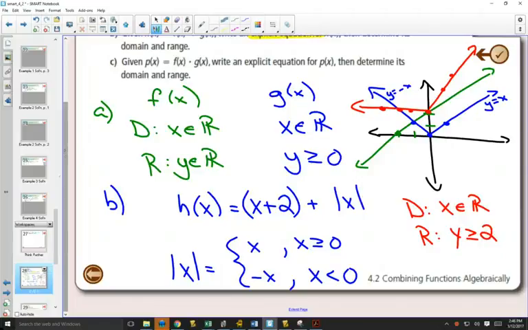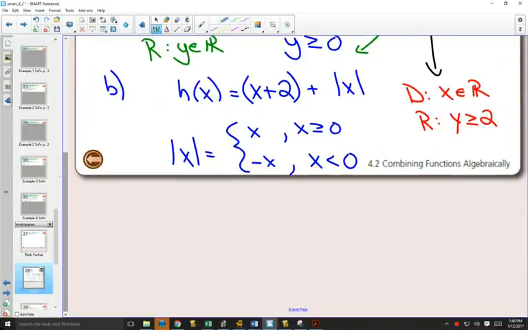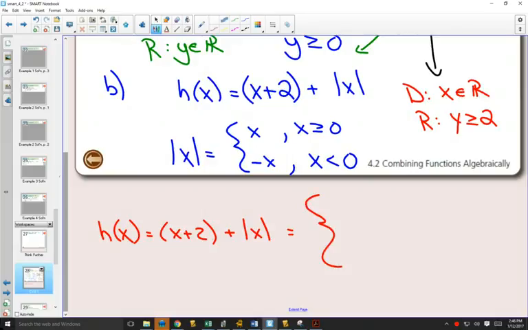Now, if we think of this written in two different pieces, we could say, well, h of x, which was equal to x plus 2 plus the absolute value of x, could be written in two different pieces as well. Can you see that if you decided to only use when x is bigger than 0? When x is bigger than 0, then the absolute value of x is just x. And if I simplified, what is x plus 2 plus x?